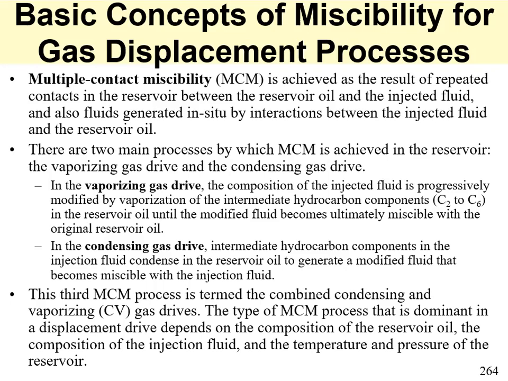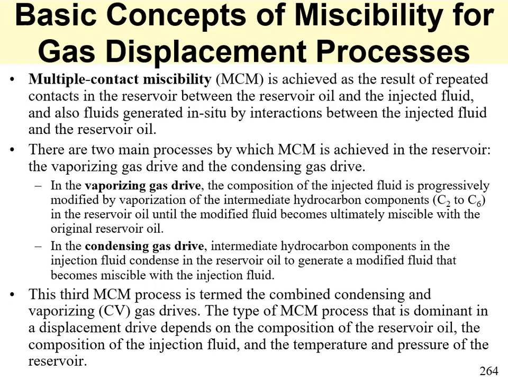There are two main processes by which multiple contact miscibility is achieved: the vaporizing gas drive and the condensing gas drive. For the vaporizing gas drive, the composition of the injected fluid is progressively modified by vaporizing the intermediate hydrocarbon components in the reservoir oil until there's a modified fluid, which leads to miscibility between the two systems.